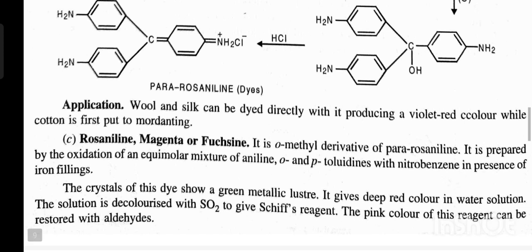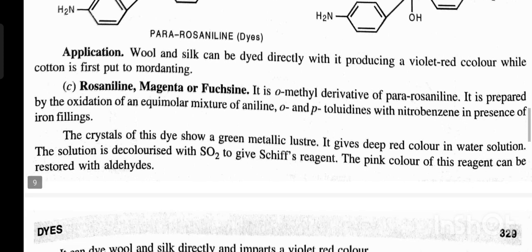C. Rosaniline, magenta or fuchsin. It is the ortho-methyl derivative of para-rosaniline. It is prepared by the oxidation of an equimolar mixture of aniline, ortho and para-toluidine with nitrobenzene in the presence of iron filings. The crystals of this dye show a green metallic luster.